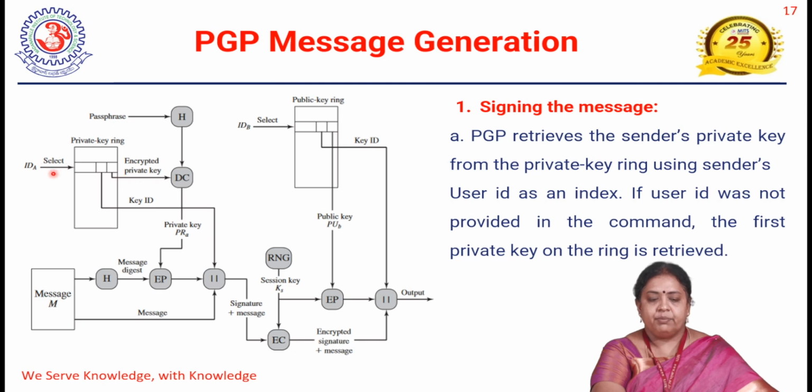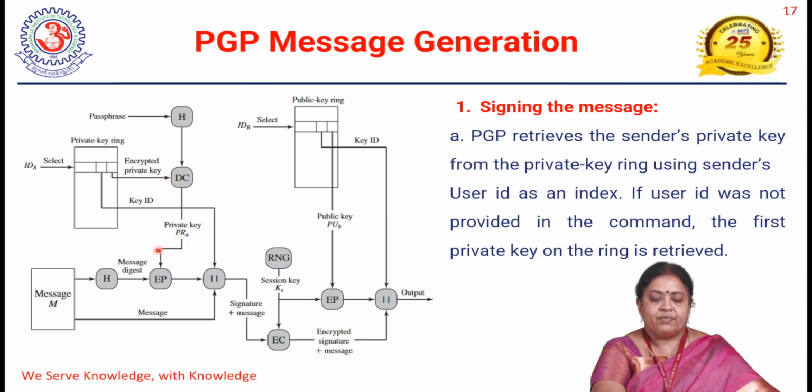It can be identified by using the identity of the sender, that is the identity of A. What we have in the ring is the encrypted private key, which has to be decrypted by using what we call a password. Whenever we decrypt the encrypted private key, we get the private key of the sender.